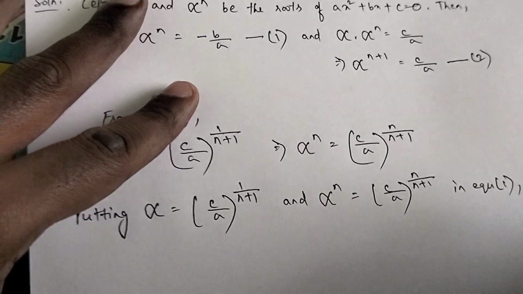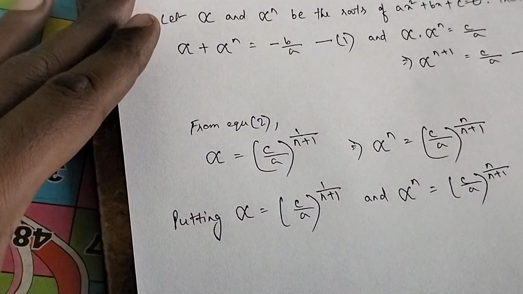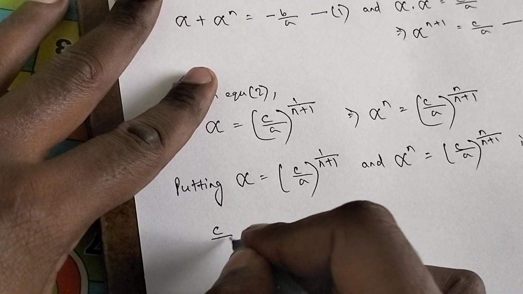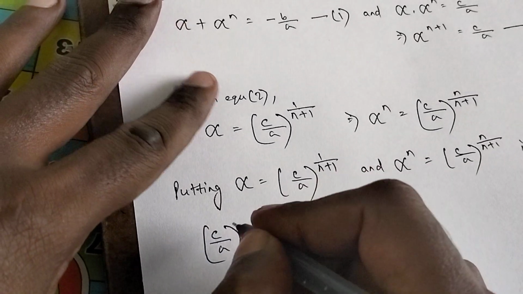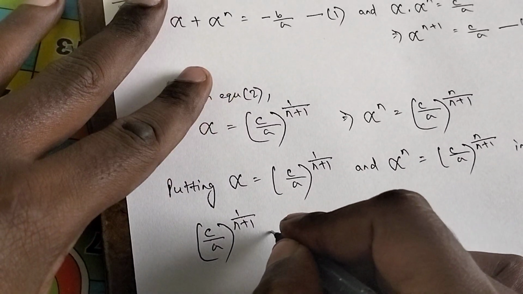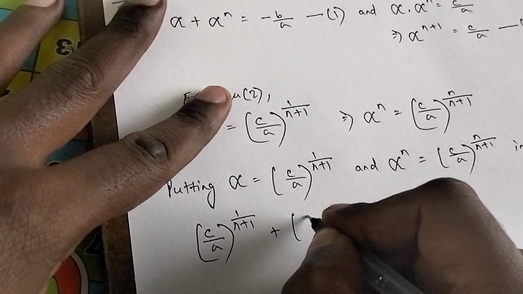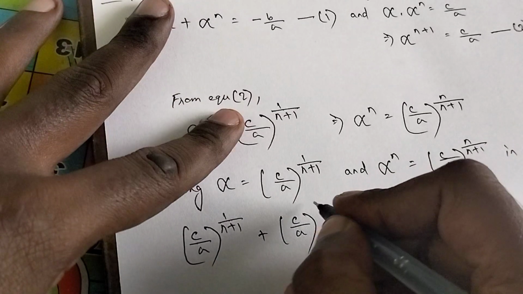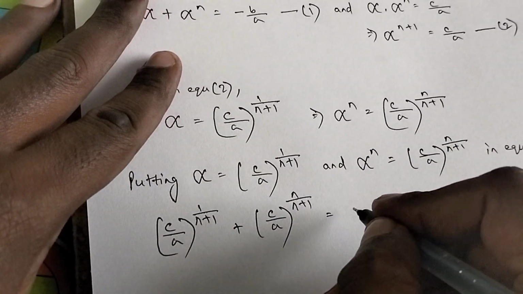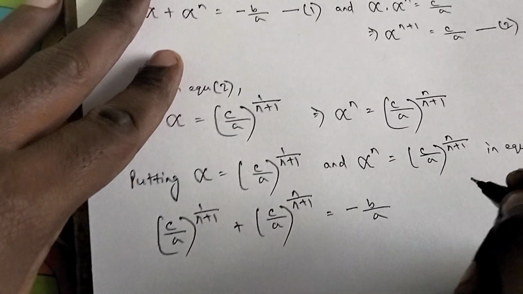So what we'll get if we put these values? (c by a) to the power 1 by n plus 1, plus (c by a) to the power n by n plus 1, is equal to minus b by a.